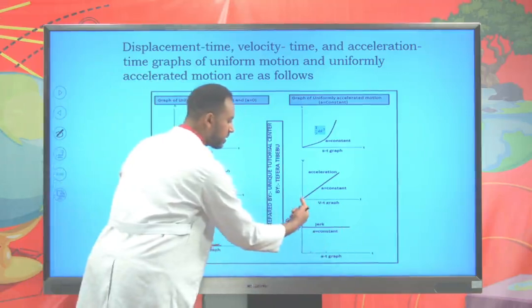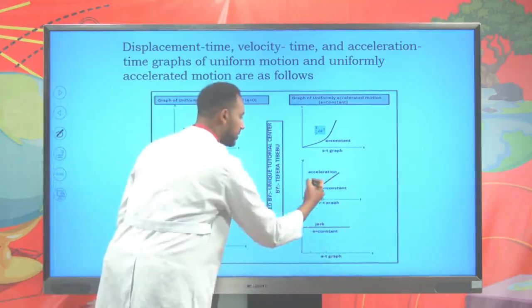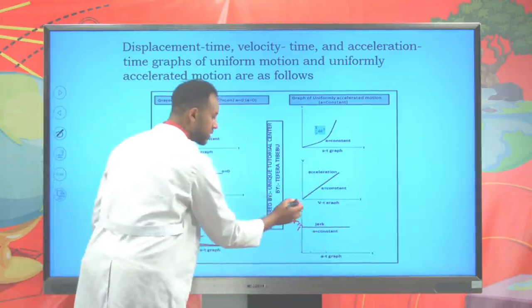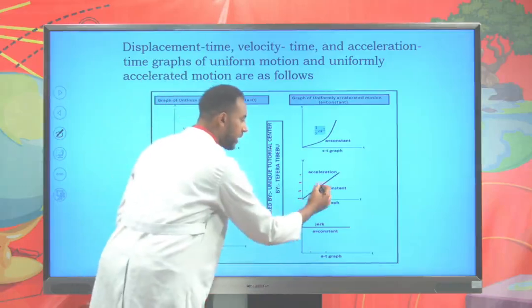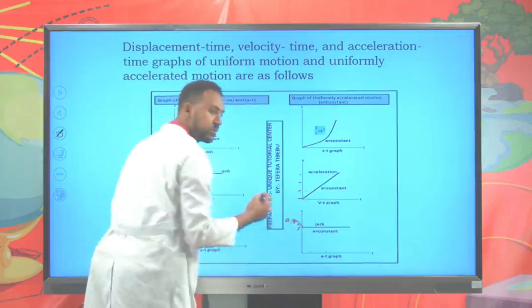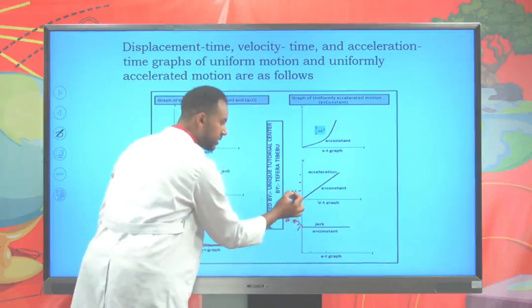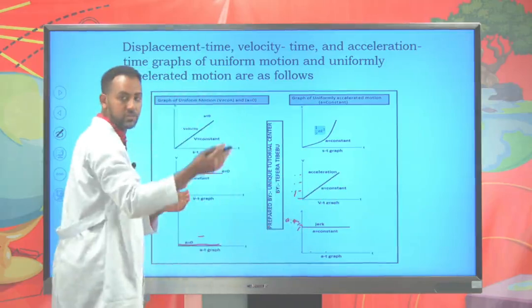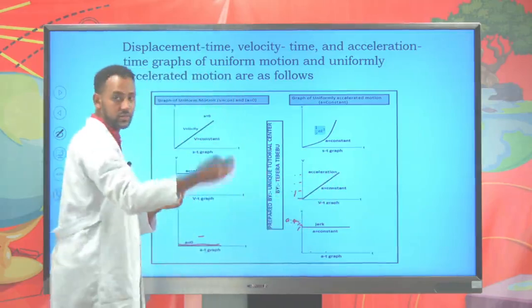When you come to the velocity versus t graph, the velocity changes from 0 to 2, 3, 4, and the like. The acceleration remains constant, meaning the change of velocity in every interval remains constant. The acceleration remains constant, but the velocity increases.